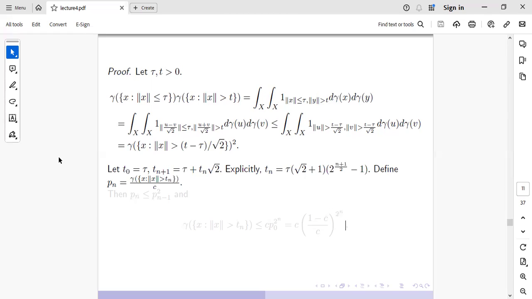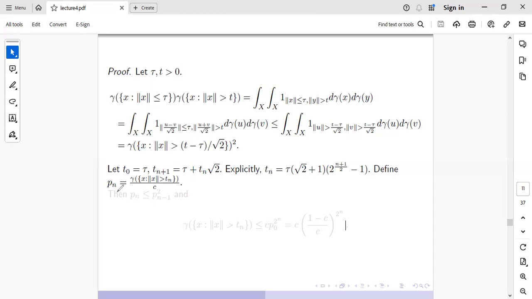So consider the following sequence. T0 is tau, and at each step we multiply by root of 2 and add tau: T(n+1) is equal to tau plus Tn root of 2.